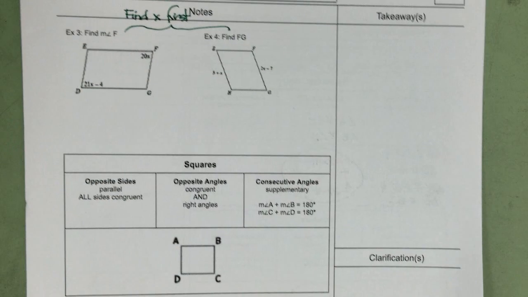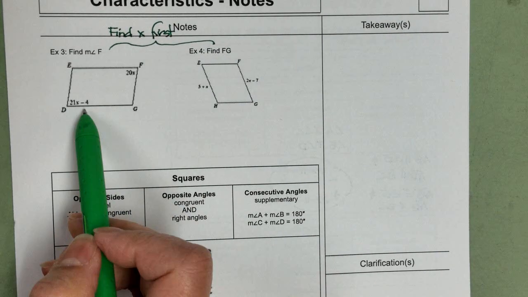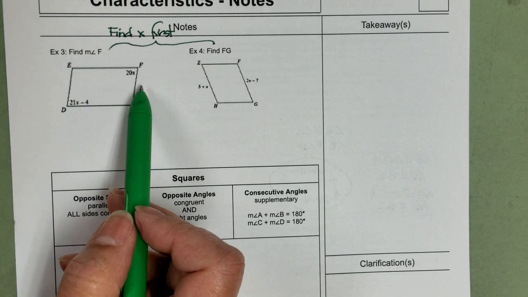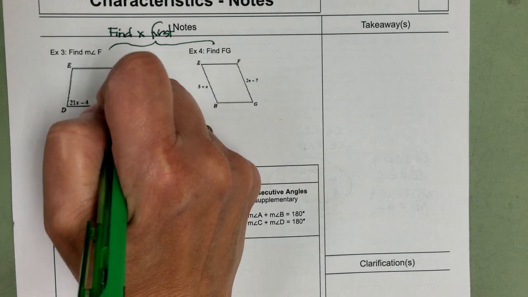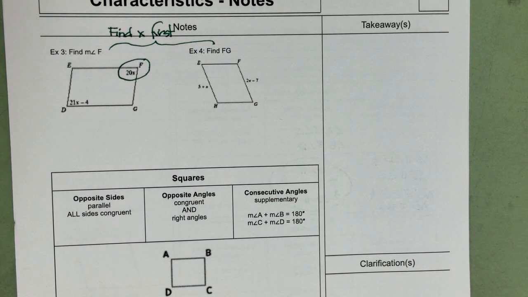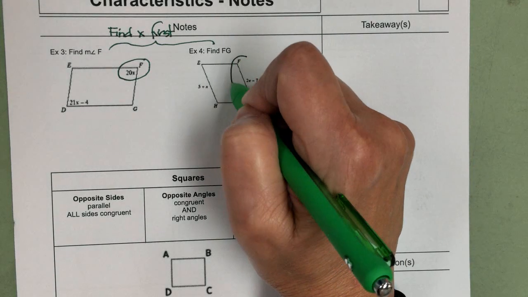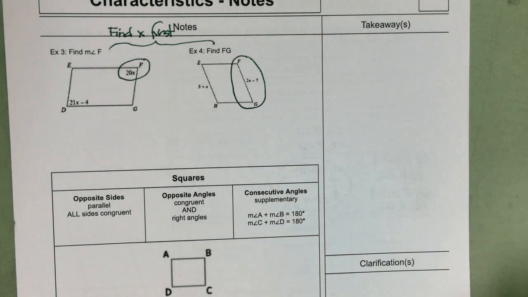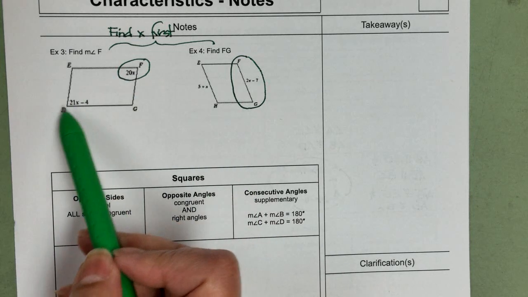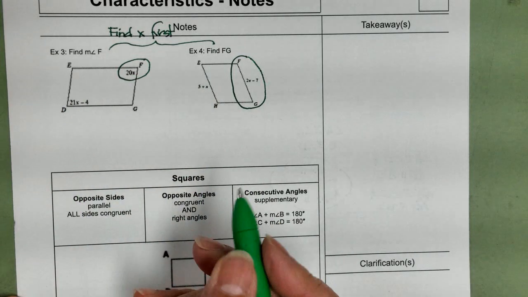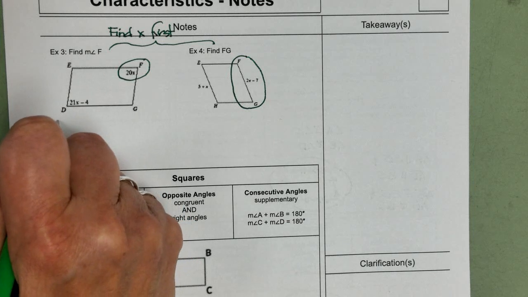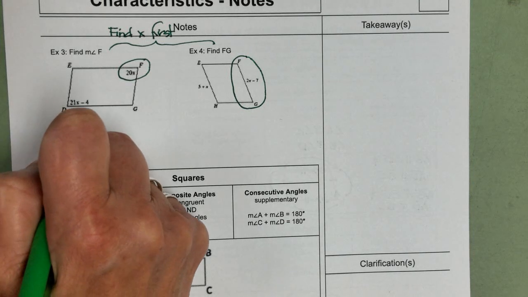And then once we know what x is, we can substitute it into the expression that we're looking for. In particular here, we're looking for angle F, and over here, we're looking for side FG. So these are opposite angles. Opposite angles are congruent, which means their measures are equal to each other.